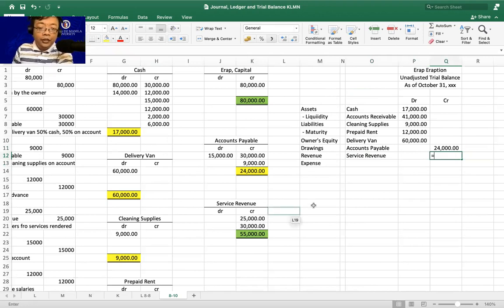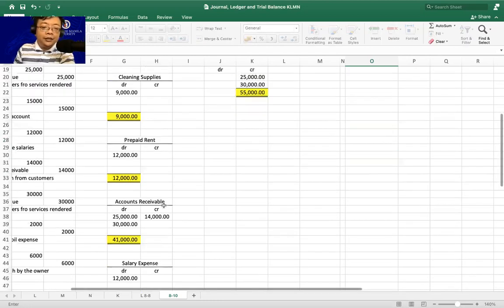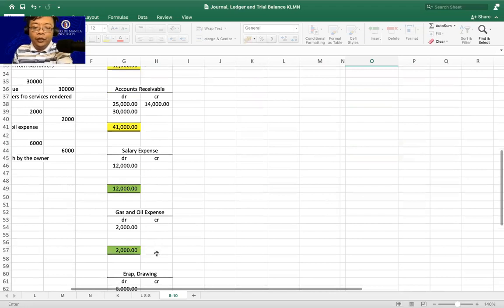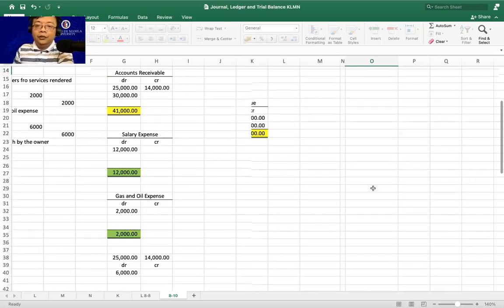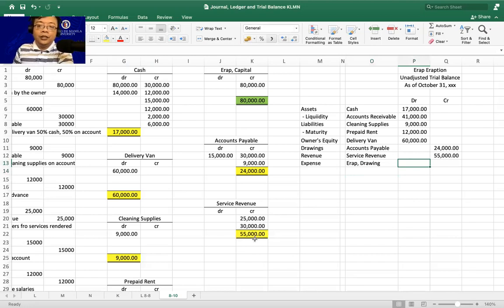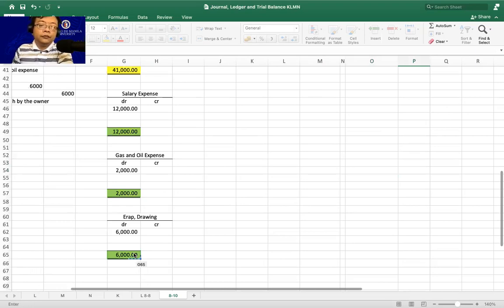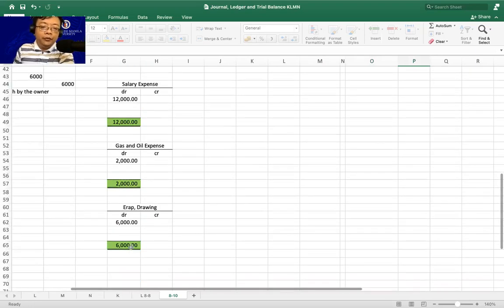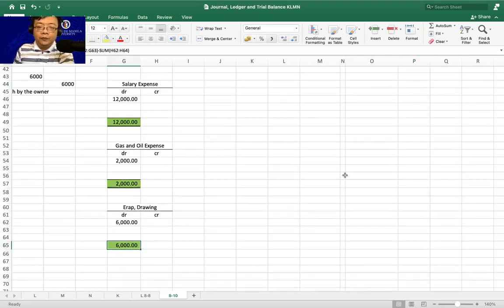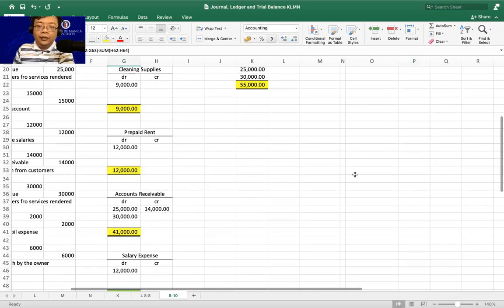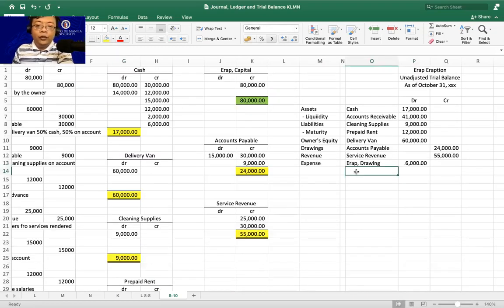So you have your service revenue worth 55,000. Next, of course, drawing. Drawing has a debit balance. So we have drawings here of 6,000, and again we put yellow so we are done.